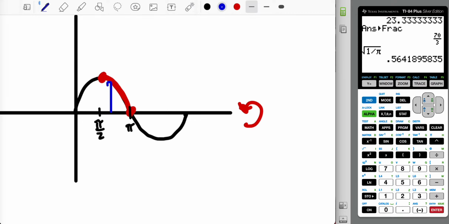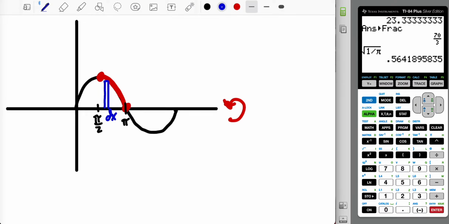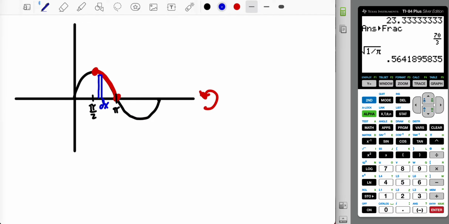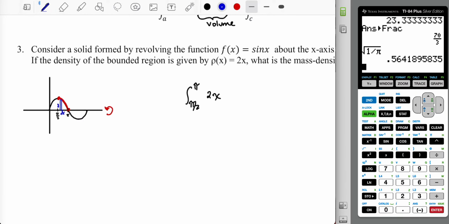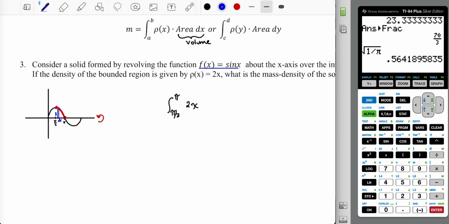So I'm going to have an infinitesimal width rectangle. That's our dx. Its height is y, and that's given as sine of x. We know from the disk method that its area is given as pi r squared dx.